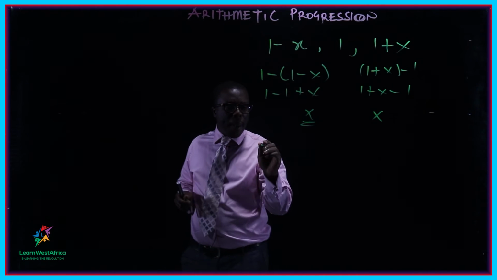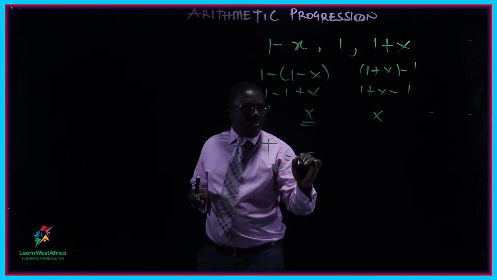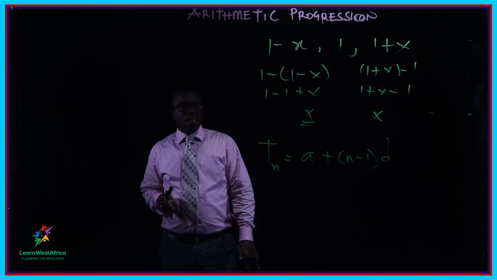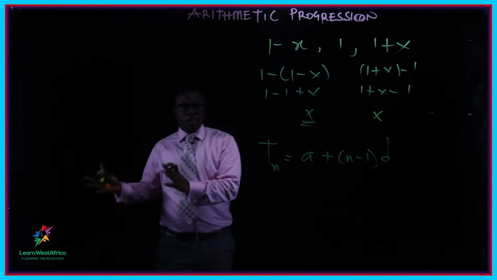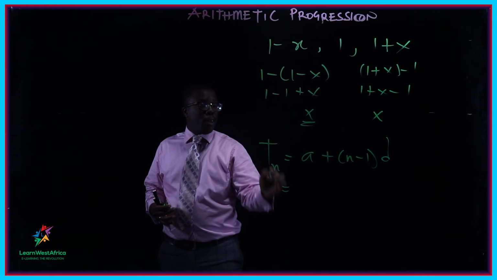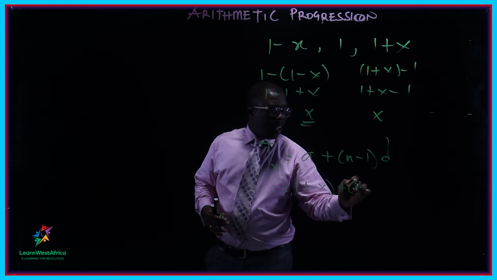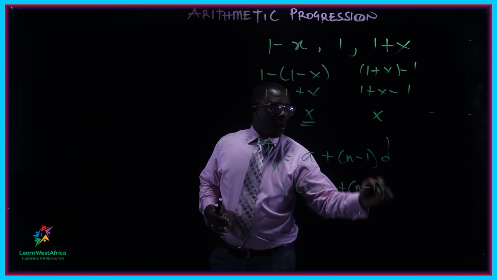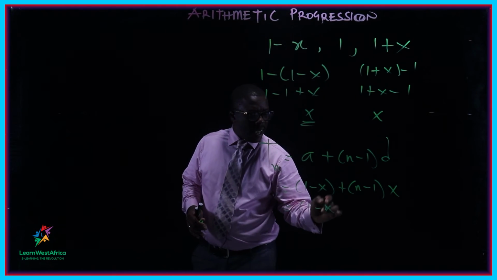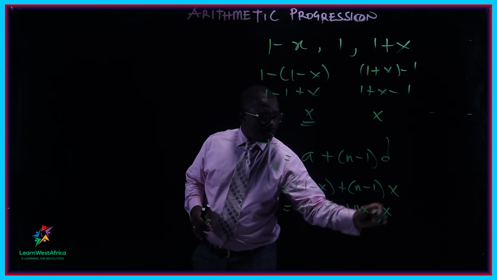We know for an AP, any term in it, a future term, unknown term, is given by a plus (n minus 1)d. So we just try and slot in our values, try to simplify and see what we'll get. Our a is our first term, and here our first term is 1 minus x, plus (n minus 1). Then our d is x. So let's try and expand it. This is going to give us 1 minus x plus nx minus x, okay?